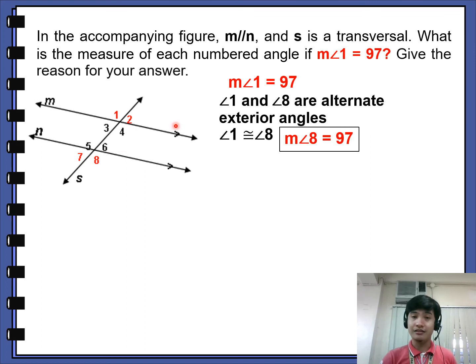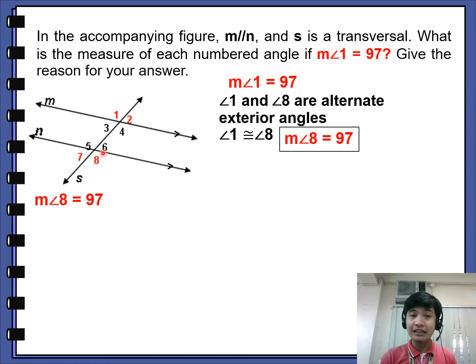Okay? So, next natin gawin, unahin natin yung mga exterior dito sa right side para mas organized. Yung labas muna bago natin gawin yung nasa loob. So, pag nirelate natin si angle 8 kay angle 2, again, si angle 8 ay 97.